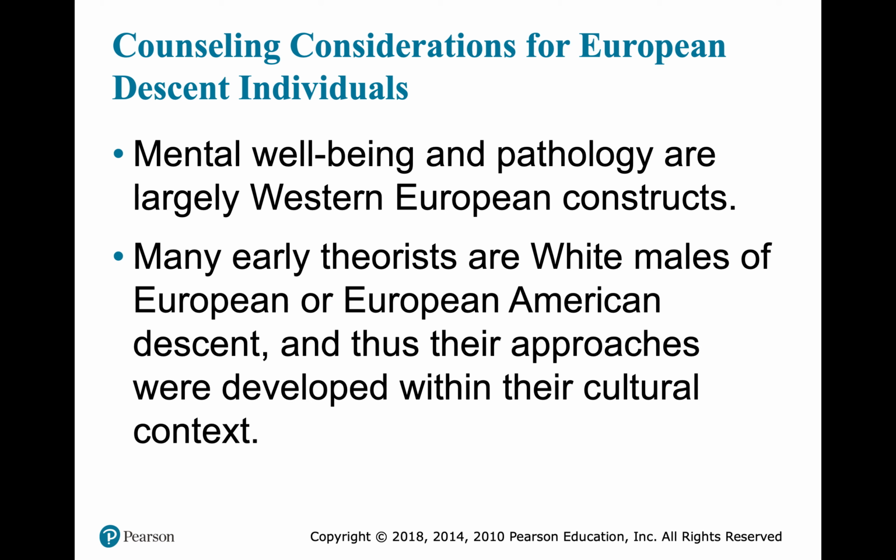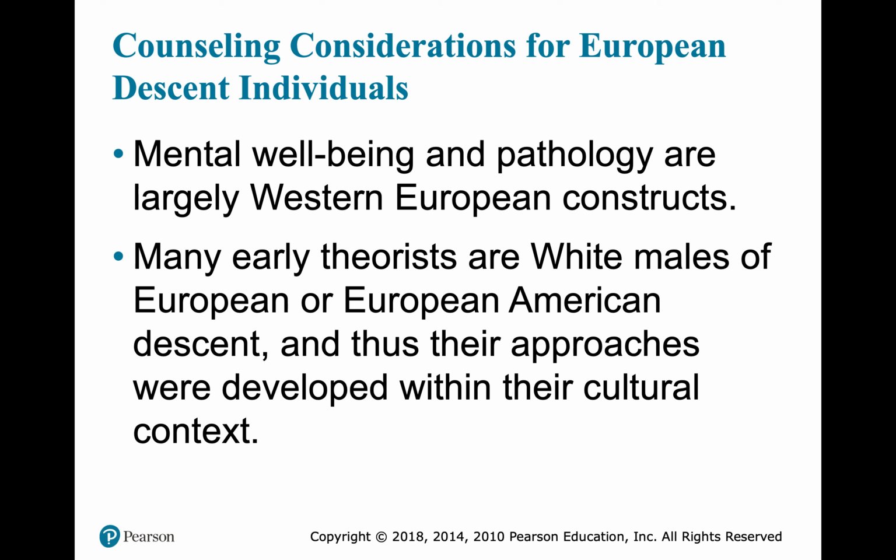Mental well-being and pathology are largely Western European constructs. We talked about that like the first week of class. Many early theorists are white males of European or European American descent, and thus their approaches were developed within their cultural context.